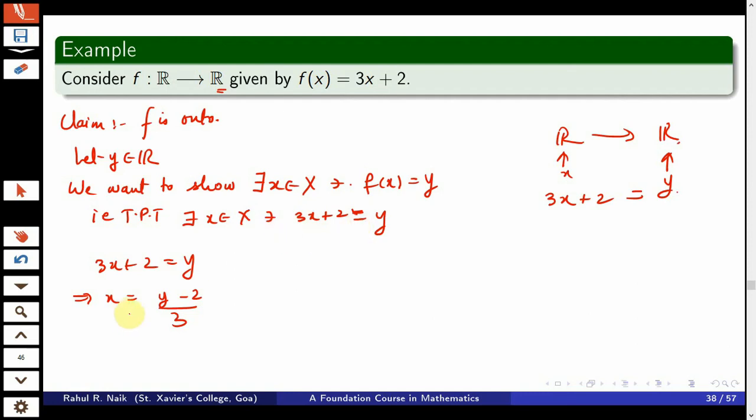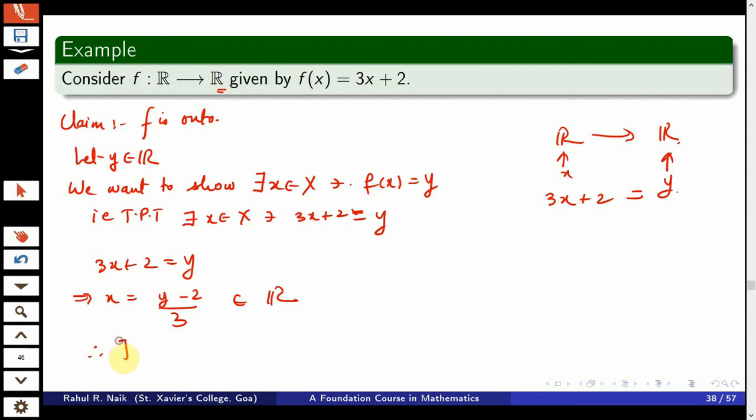If I put x equal to (y minus 2) by 3, definitely it is going to satisfy this equation because I have derived it from the same equation, and this is a very well defined real number. So, if y is equal to 1, x is equal to (1 minus 2) by 3. If y is equal to 2, then x is equal to 0, and this goes on. Okay. So, therefore, we succeeded in producing a real number x, equal to (y minus 2) by 3, for this y such that f of x is equal to y.